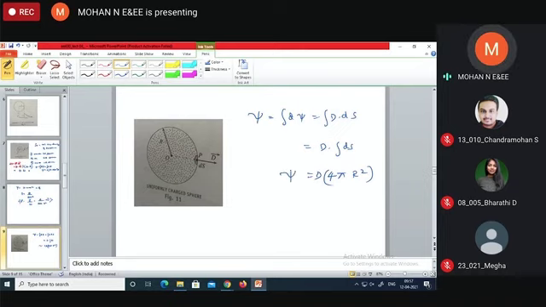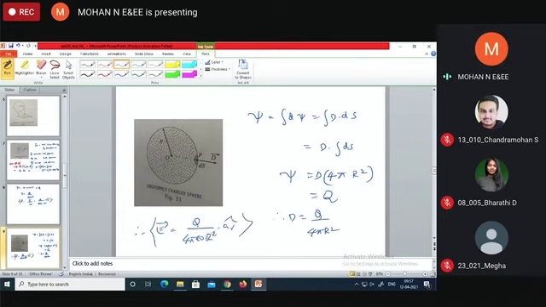That is equal to psi, and that is nothing but equal to the flux. Therefore, your D is equal to Q by 4 pi r square. As a result, your E vector is equal to Q by 4 pi epsilon r square a_r cap. Just check here.